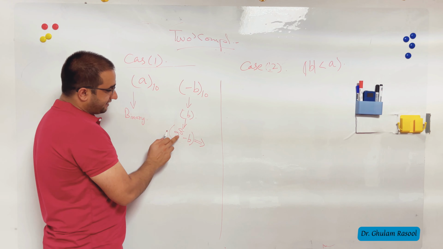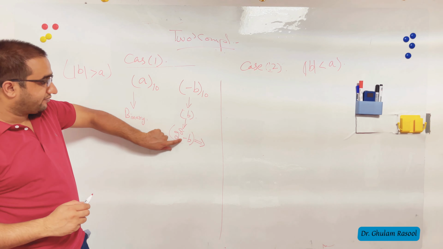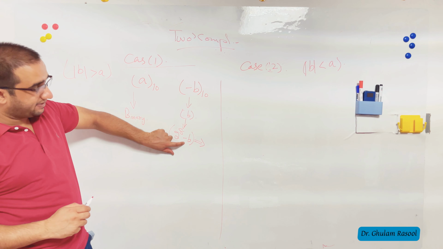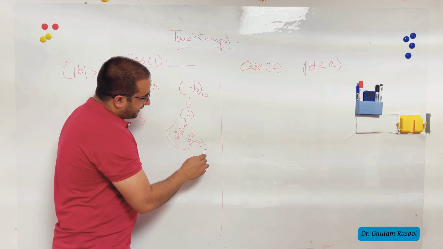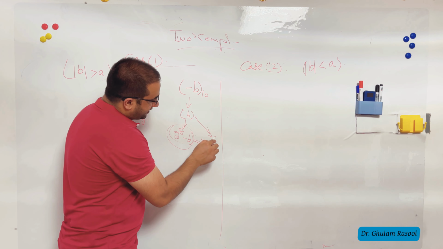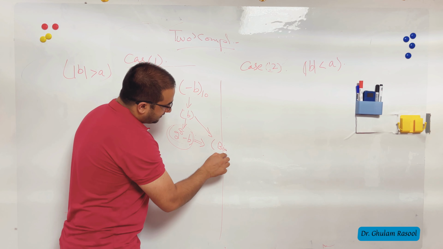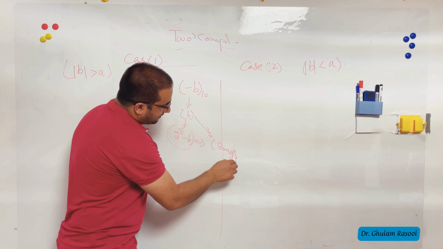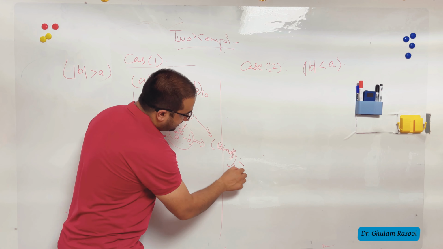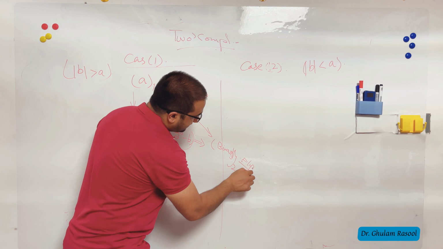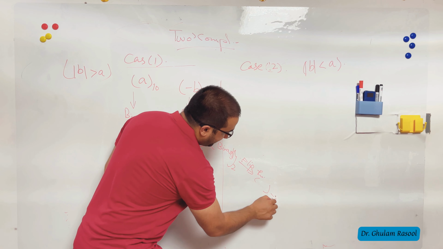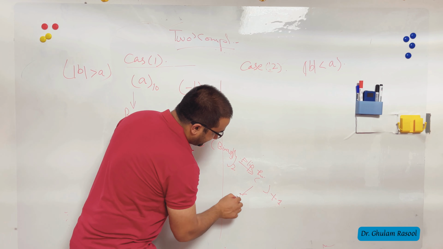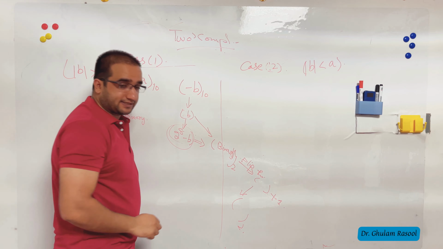First convert this B into binary. Now whatever the answer is, flip the digits. Whatever the answer is, add 1, and this will give me a binary number like this.